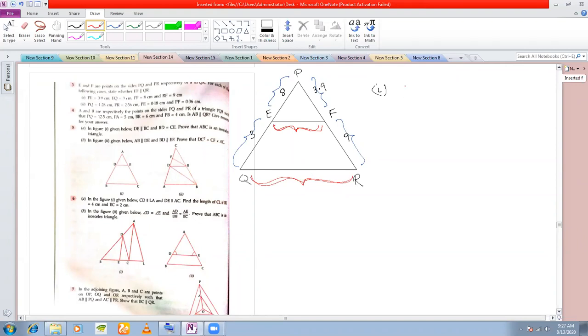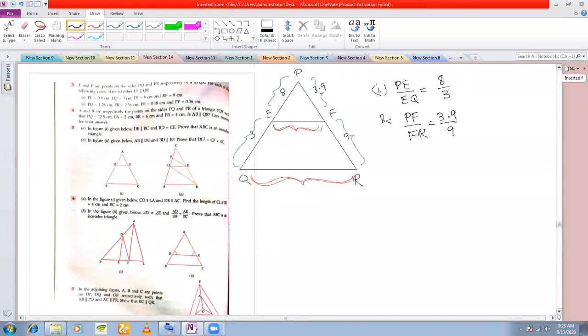Okay, so we check first. PE by EQ is how much? 8 by 3. And what is PF by FR? It is 3.9 by 9.